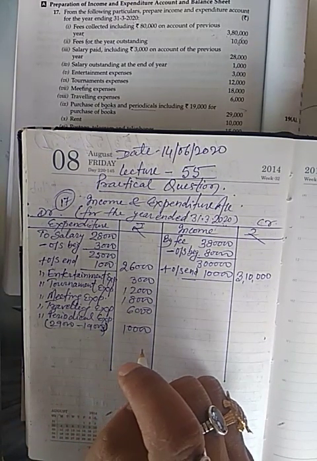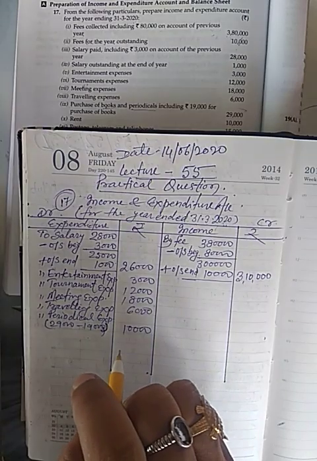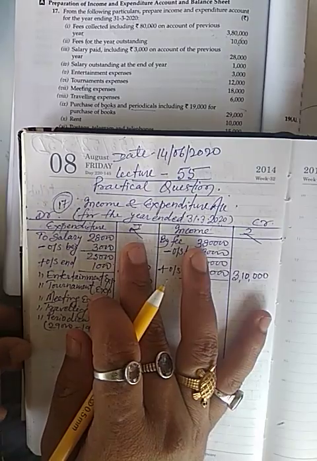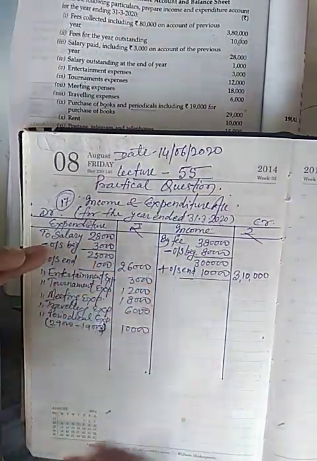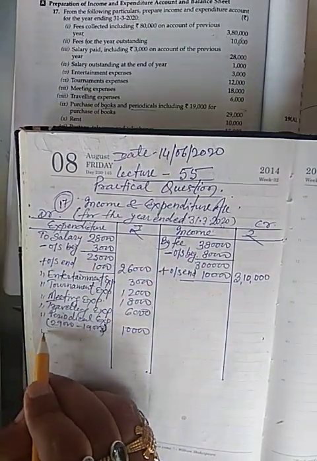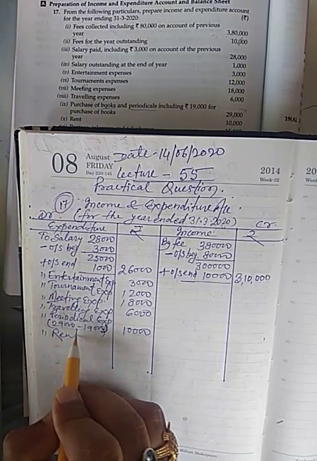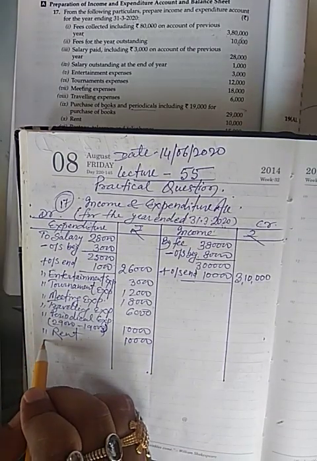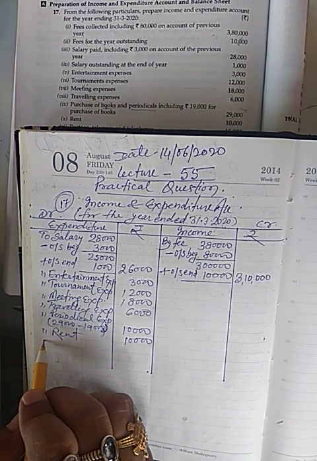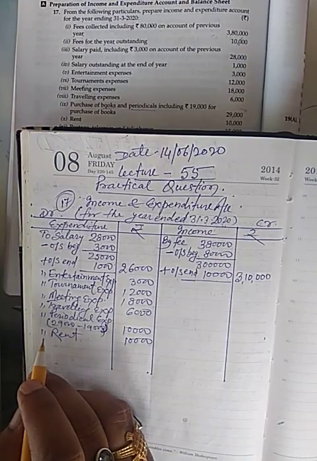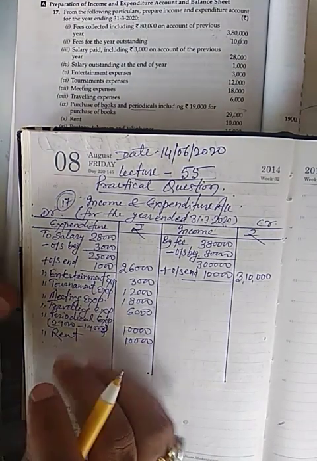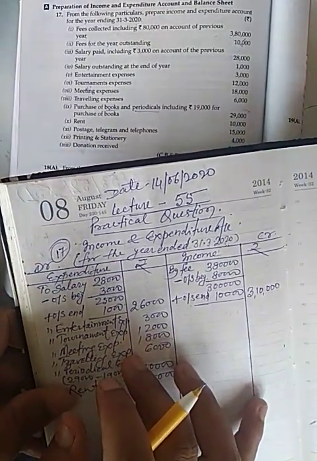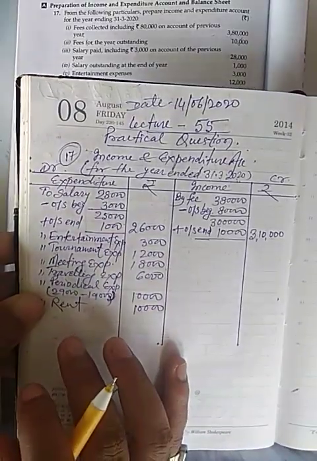Now the next point is rent. Rent will also be our expense, 10,000. Now the next points given are postage, telegram, printing and stationery, and donation received.